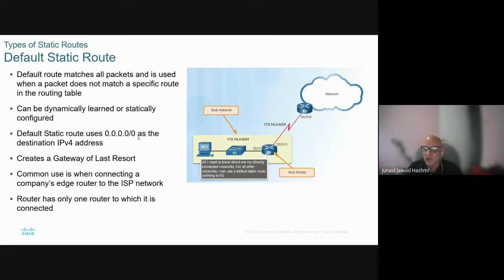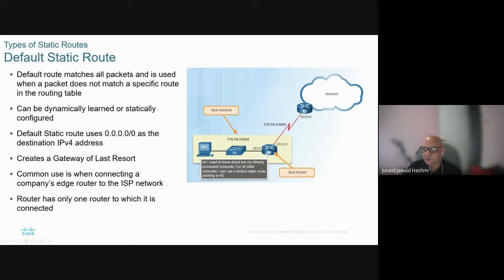Okay, so if your router is connected to the internet, your router also has a default route entry in it, and we will talk about how to create a default route later. Right now, just try to understand the purpose of the default route. Okay, so a default route is created on a router that is connected to the internet.